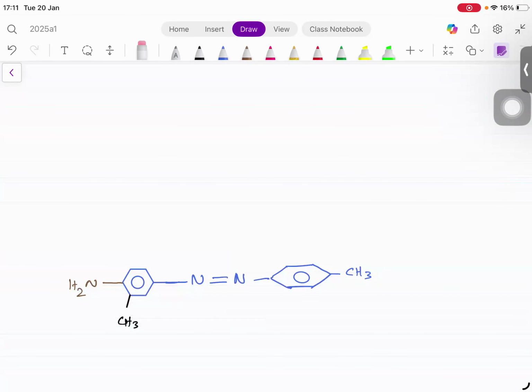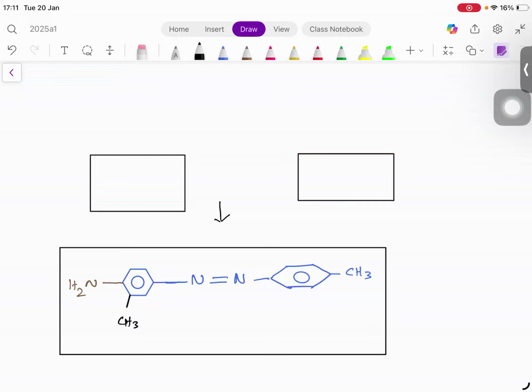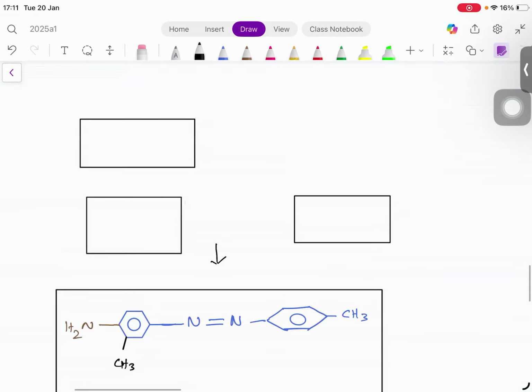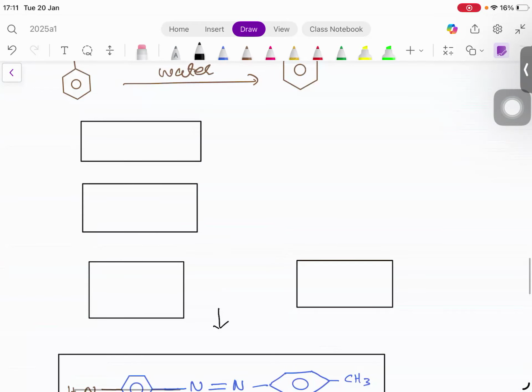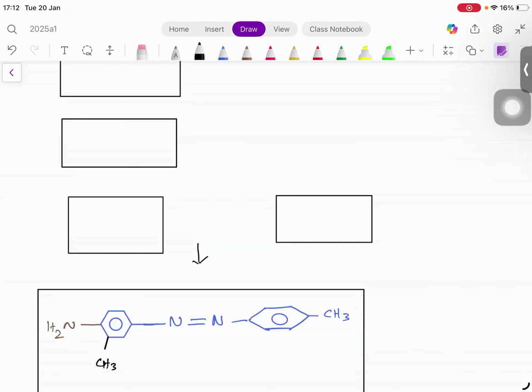Here it is. So again, the same type of question. You have to tell me these compounds, this one and this one, then this one, and finally this. You have to tell me all these compounds.